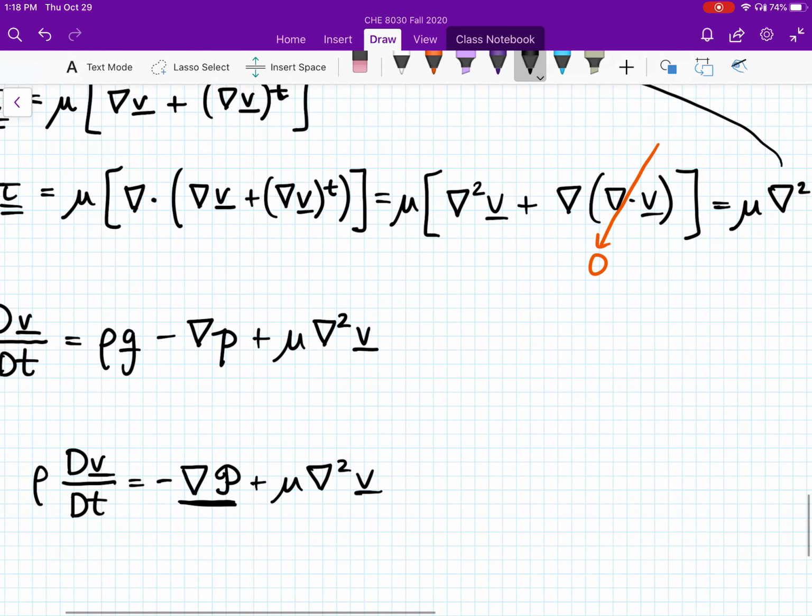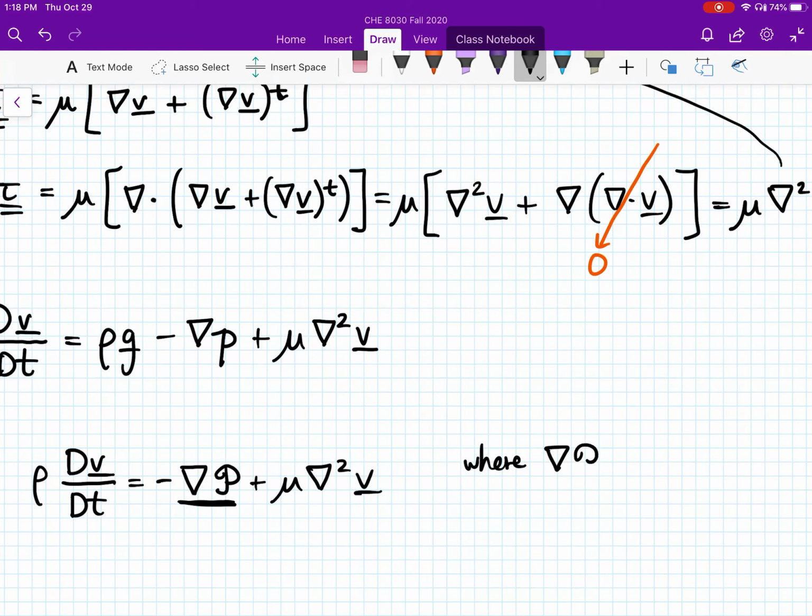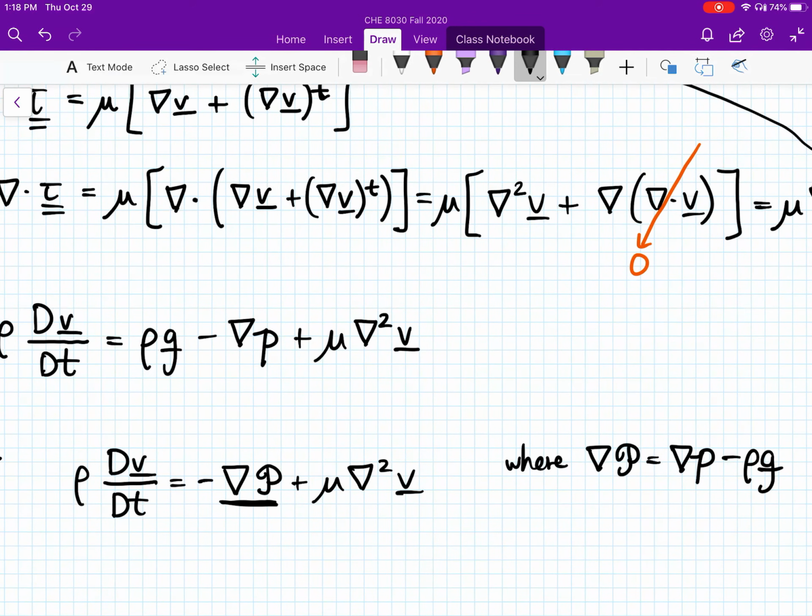I'm going to call it a fancy P, where the gradient of that fancy P is equal to my gradient in pressure minus my gravity term. So I've simply combined my pressure gradient and my gravity term.